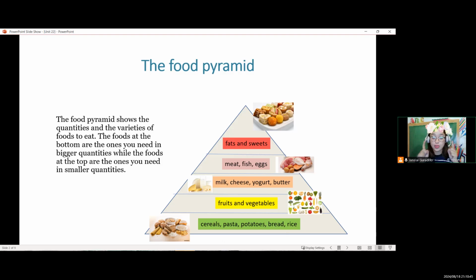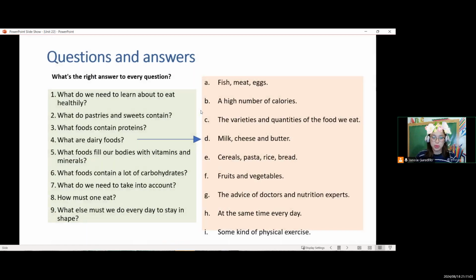And on top of the food pyramid are the foods that maybe should be avoided or just consumed in smaller quantities, like the fats and sweets, like chocolates, junk foods, like that. So, this one is a food pyramid.